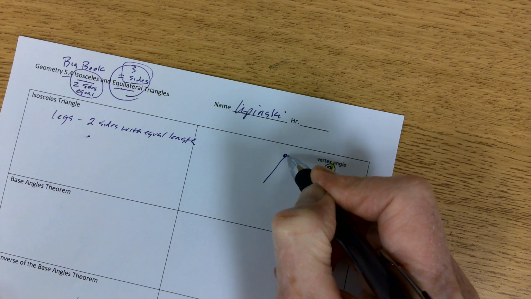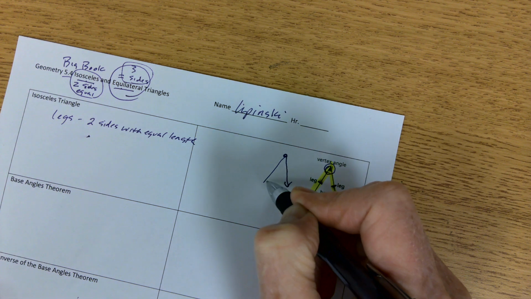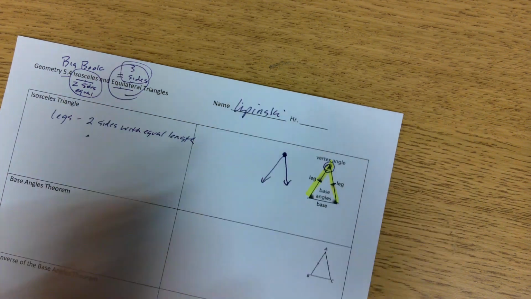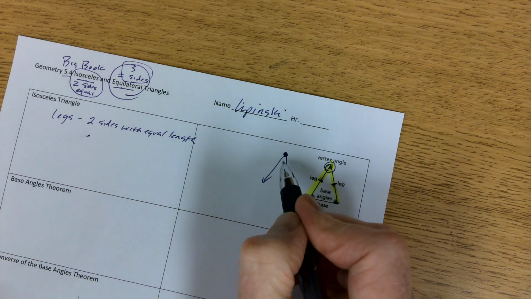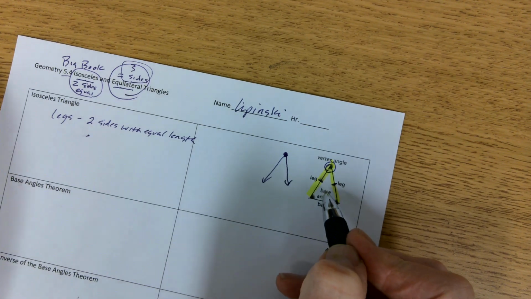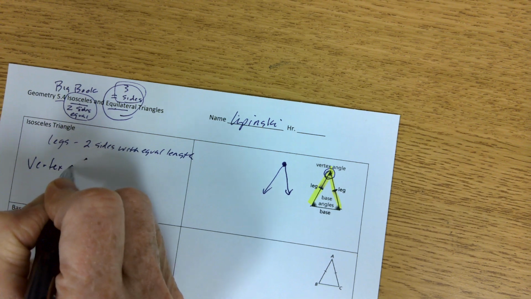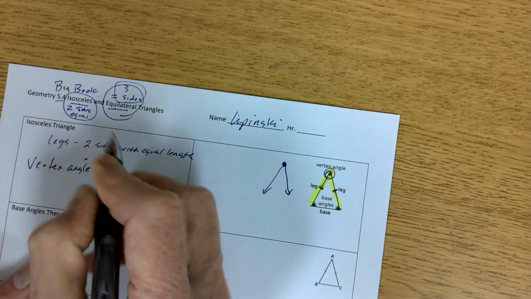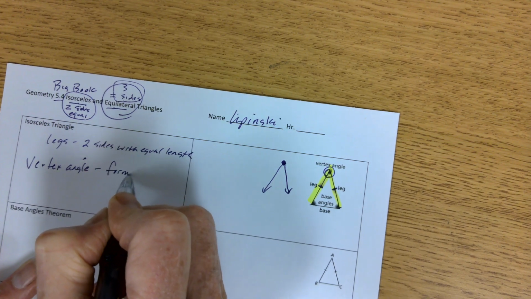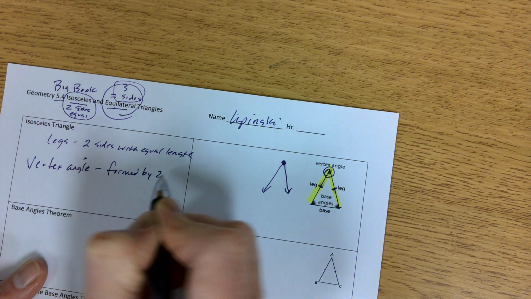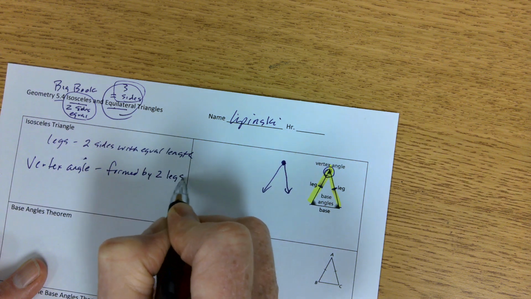If you remember, it's two rays with the same endpoint that make an angle. This is your vertex angle, formed by the two legs.